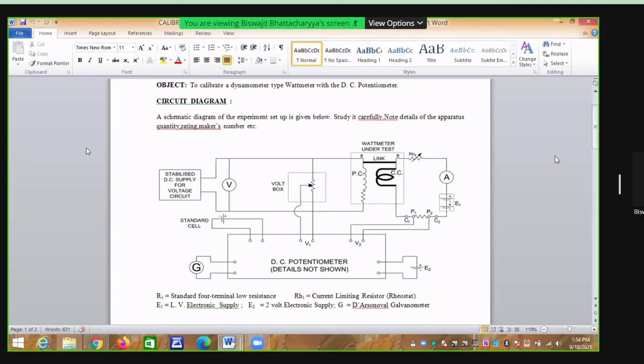Only up to 100 watt, because the full scale reading of the wattmeter we use in our experiment is 100 watt. So 0 to 100 watt in steps of 20 watt. That's how we vary the current coil current, by varying the rheostat and observing the ammeter current. But the pressure coil voltage will be initially fixed at 100 volt, and that will remain 100 volt throughout the experiment.